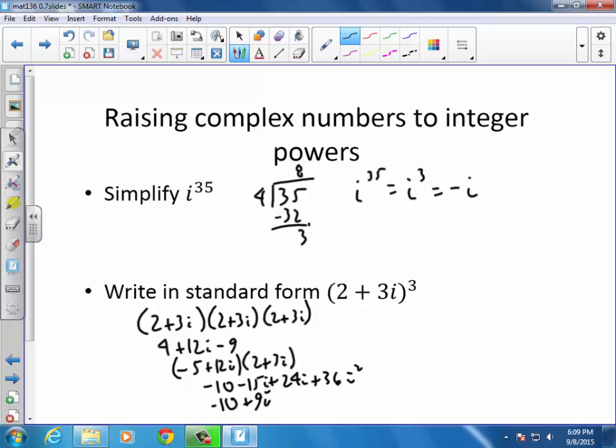And then 36i squared would be 36 times negative 1. So let's see, negative 10 minus 36 is negative 46 plus the 9i. And that would be the standard form for this thing.